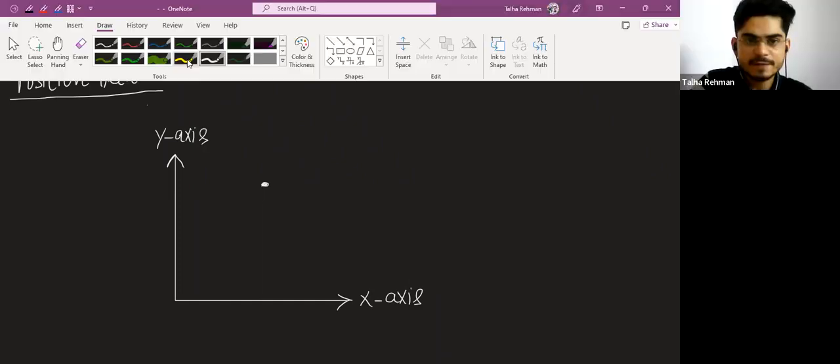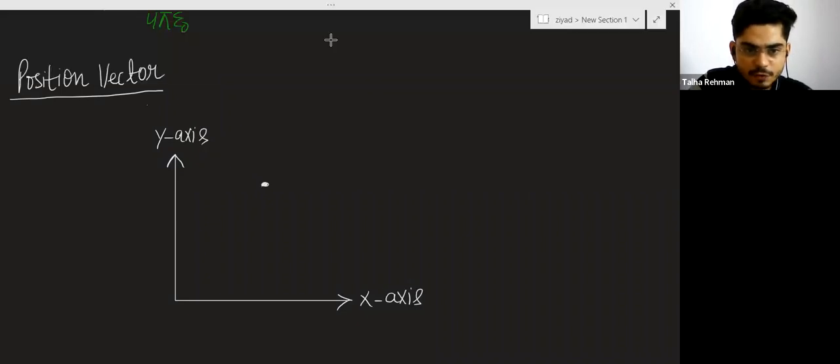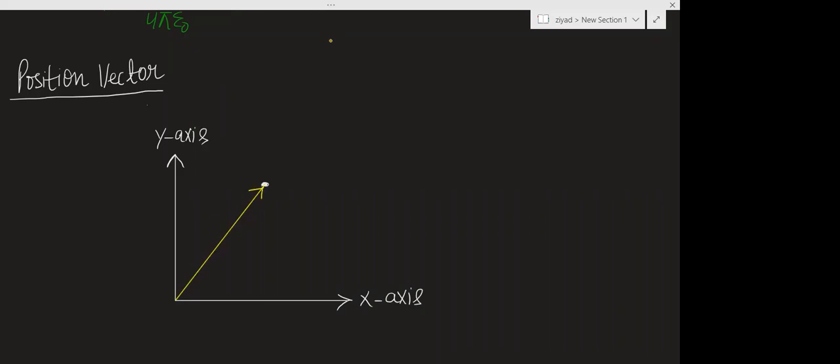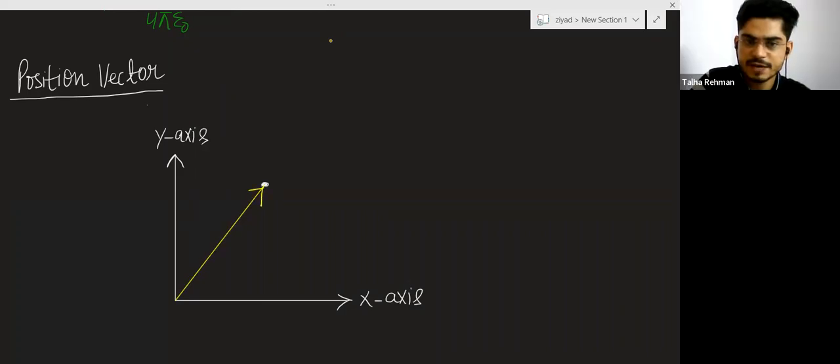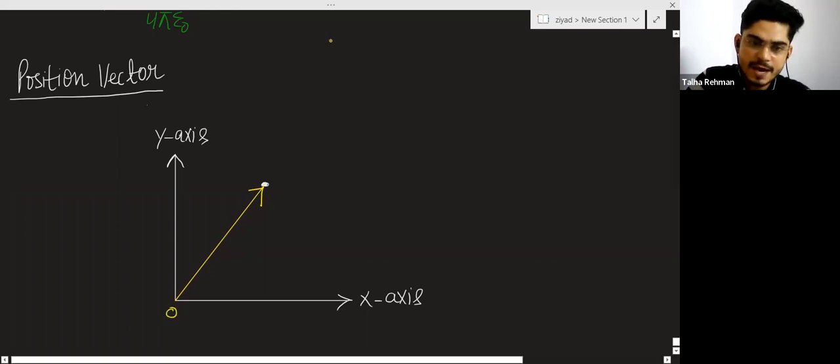If I draw a line from the origin to here, this becomes a vector. This has the arrow, this has the tail, and this is the origin. This is the position vector.